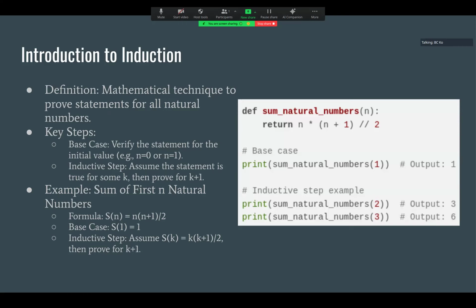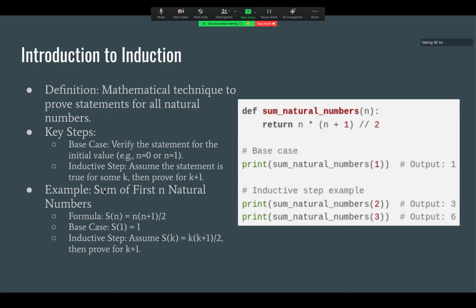First, we have the base case where we verify the statement for the initial value, which is usually n equal to 0 or n equal to 1. Second, we have the inductive step. In the inductive step, we assume that the statement is true for some arbitrary natural number k, and then we prove it for k plus 1.